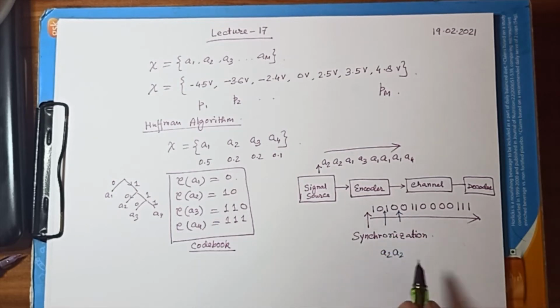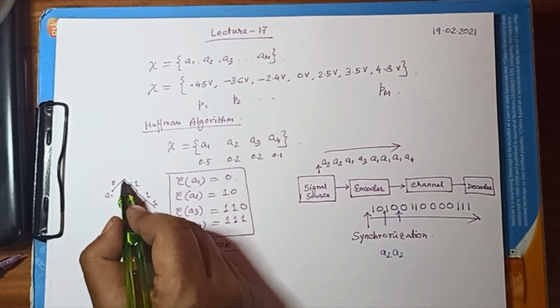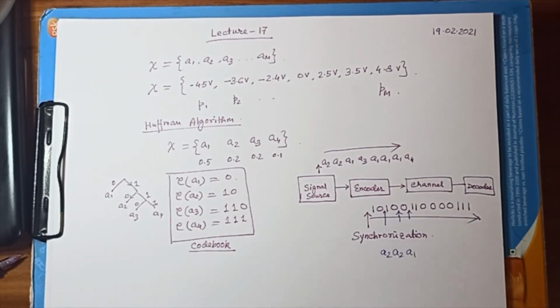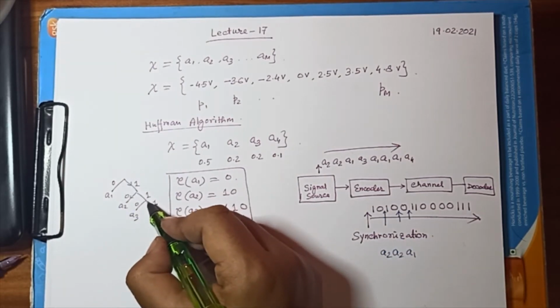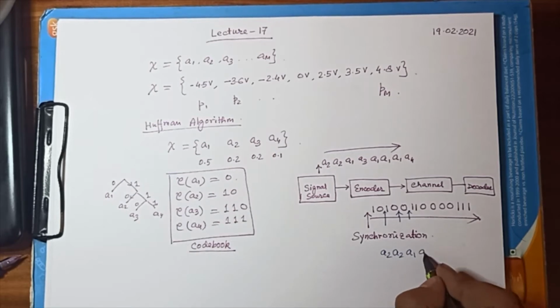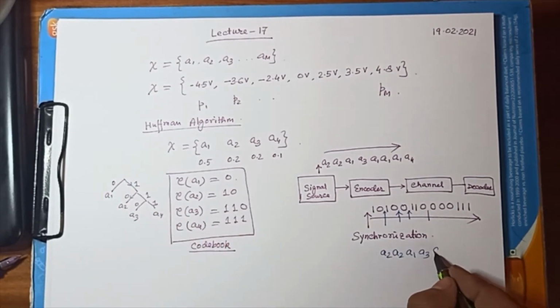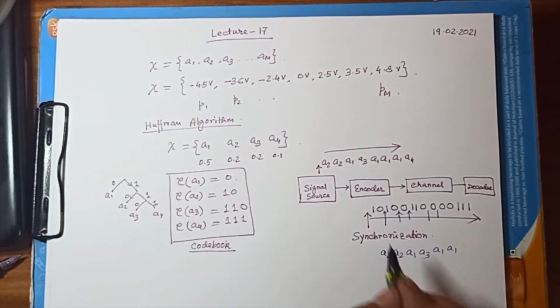So 1 0, A2 has been received, then 0. 0 means immediately you come to A1. Then 1, 1, again 1, then 0. So 1 1 0 is A3. Next 0, A1. Next again 0, A1.